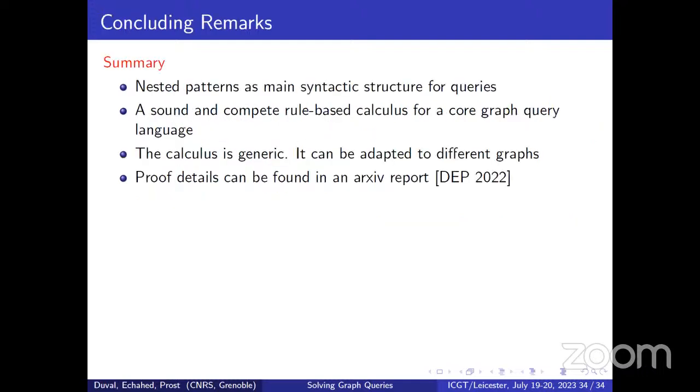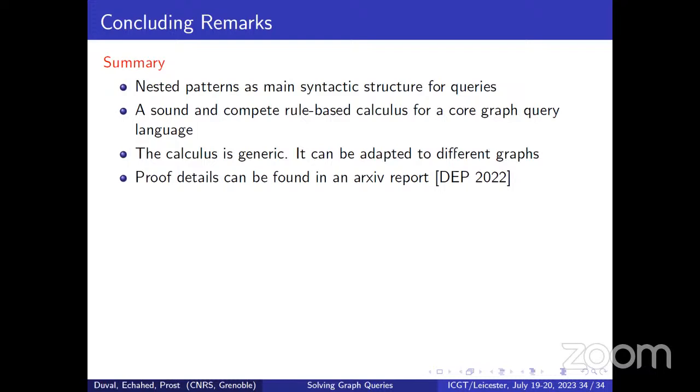In summary, we defined a class of nested patterns. This pattern language could be extended as far as we want. For instance, here we didn't consider paths, so we can add other operations about paths, but it will take 3 or 4 pages more.